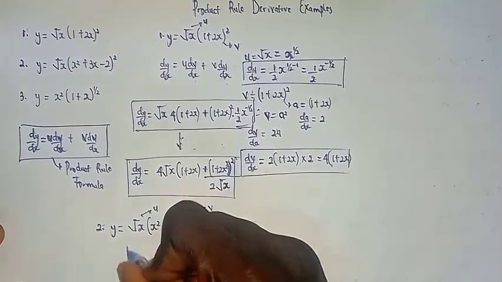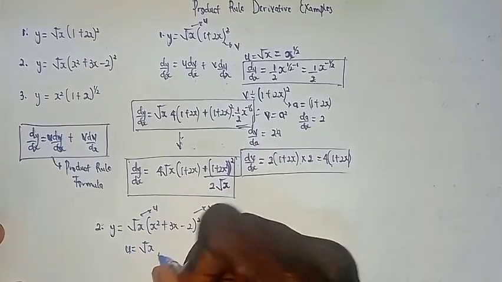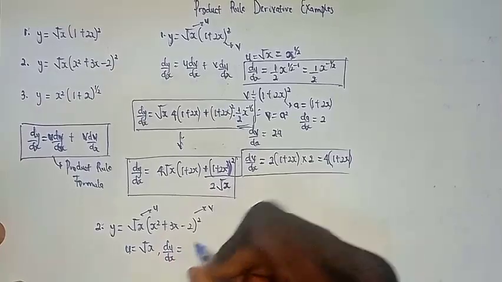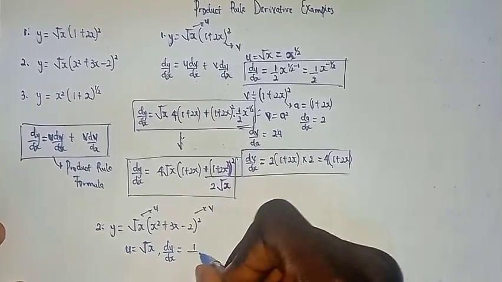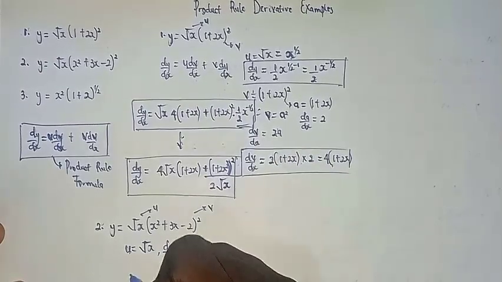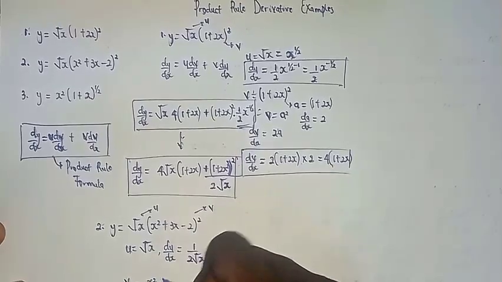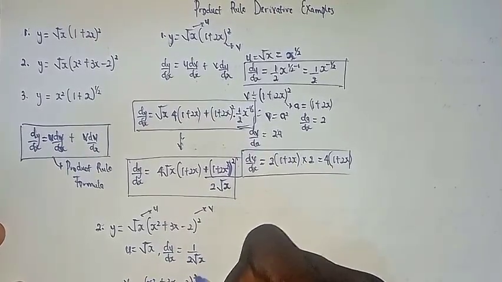So we have our u to be square root of x, and then du over dx becomes, if we differentiate this with respect to x, 1 over 2 square root x. Our v becomes this, (x squared plus 3x minus 2) all squared.